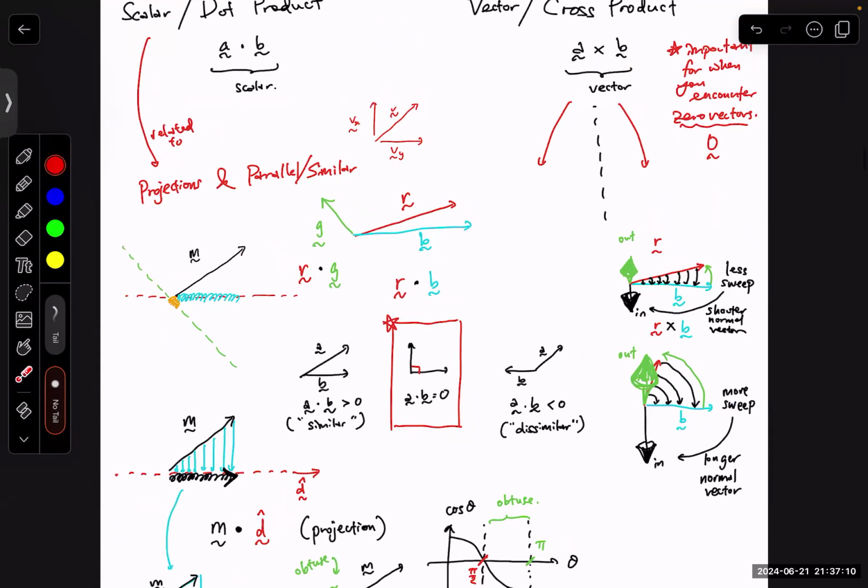Less sweeping, smaller vector, because the more you sweep, just think, I don't know how to do this animation, but if I could, I would show that if I sweep the vector, it's like the color is being highlighted. So the color grows when it sweeps across.